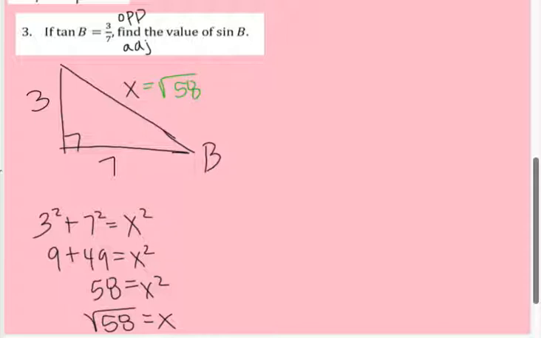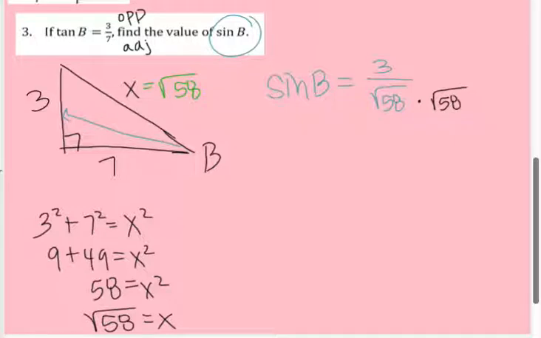There are no perfect squares in there, so we're good. Now I need to find sine of B. So sine is opposite over hypotenuse. So my opposite is 3 over my hypotenuse, square root of 58. Except it is not simplified all the way, and it's not proper to leave a square root in the denominator. So what I need to do is multiply by the square root of 58 over the square root of 58, which is really 1.